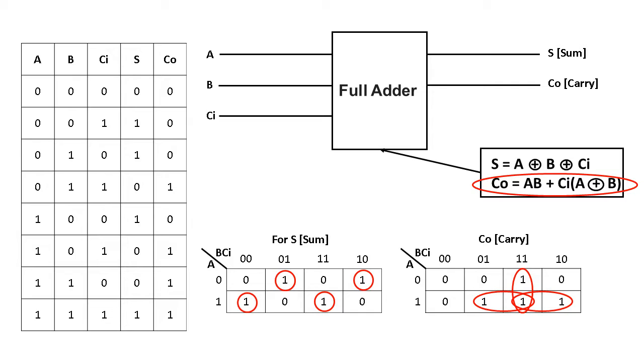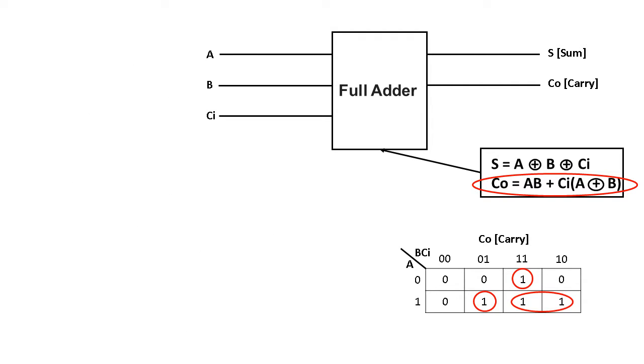If from the K map we just group the ones as I did, you will not be able to achieve this formula. To achieve this formula we have to group the ones separately. Observe, this is how you have to group the ones.